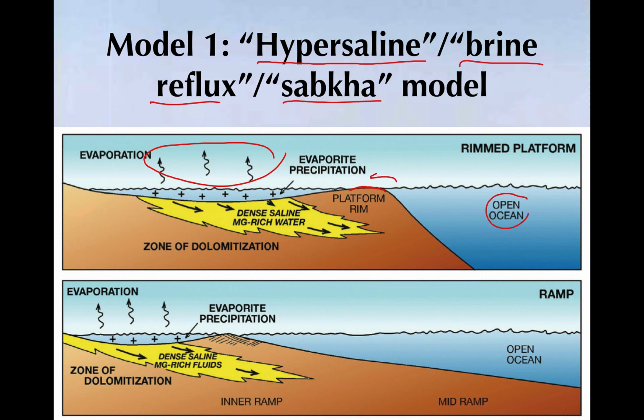You flood that periodically. You let this brine evaporate to the point where it becomes more dense than what's underneath, and then this whole area here ends up being inundated by those fluids as they percolate downward. And as they percolate down through the sediment, they react with it to convert it to dolomite.